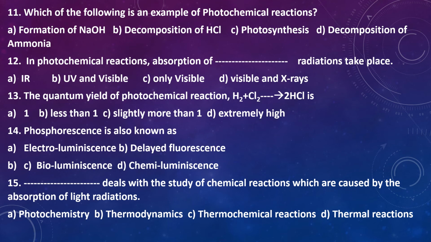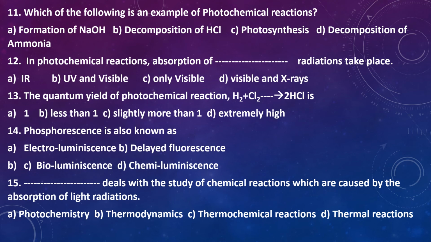A. IR, B. UV and visible, C. Only visible, D. Visible and X-rays. What's the answer? Ultraviolet and visible radiations. So absorption of these radiations in the wavelength 2000 to 8000 angstrom units takes place in photochemical reactions.